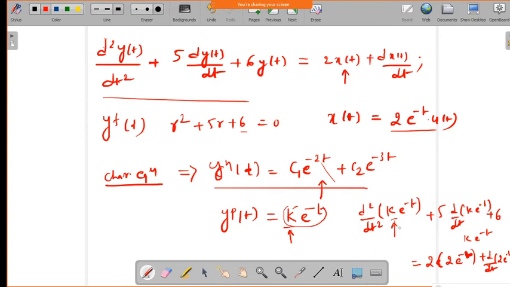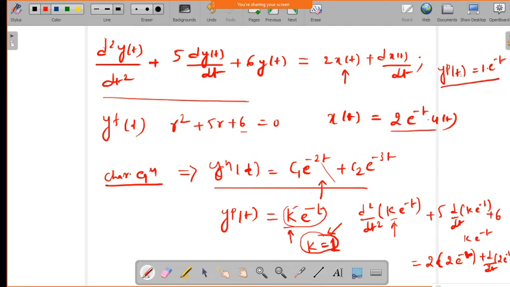So, what is the value of k? Is it 1? Sir, 1. Okay, k is equal to 1. Are you getting 1? Yes, sir. Okay. So now the particular solution has k equal to 1, so the particular integral is 1 into e power minus t.